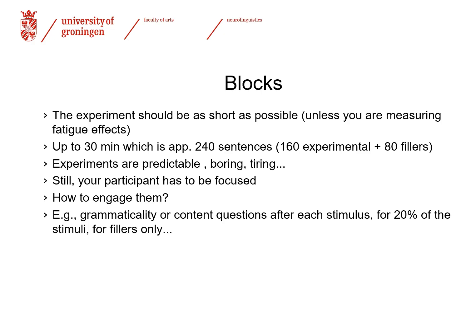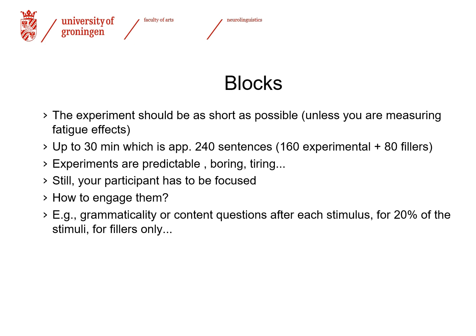One way of compensating for the length of experiment or alleviating the fatigue effect is to organize your items into blocks. Blocks can mean different things in different fields, but in this case, it means just organize sentences in groups.